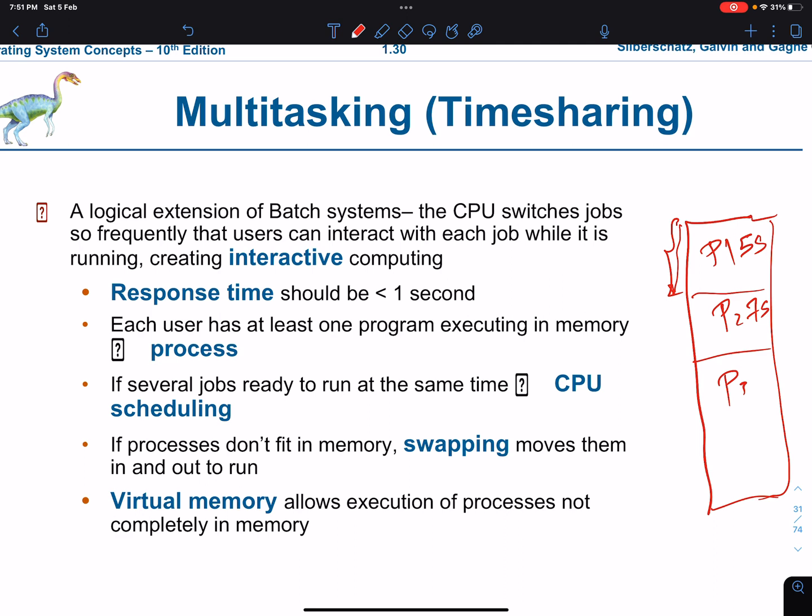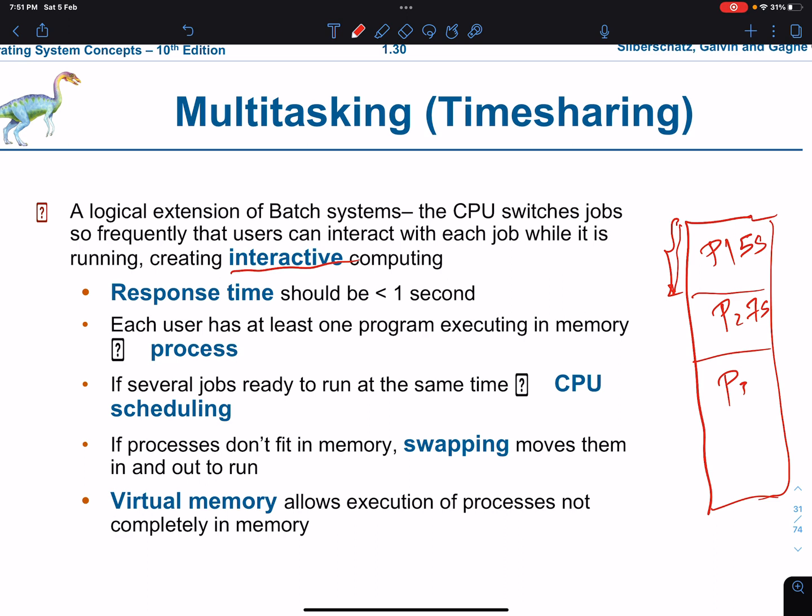To give a feeling of interactive behavior, okay? In batch processing, P1 finishes, and then P2, and then P3, and then P4. So how about P100, right? It will keep waiting, and the process will realize that it's not being served.